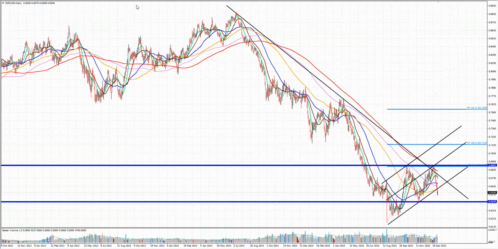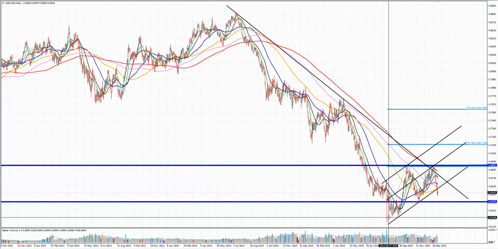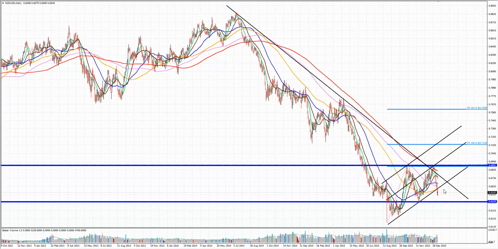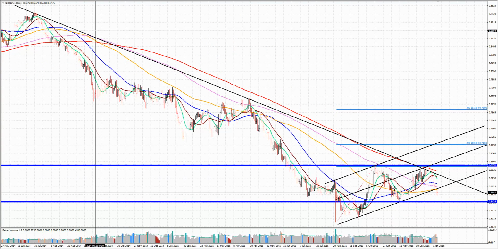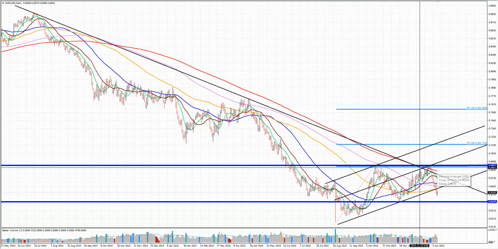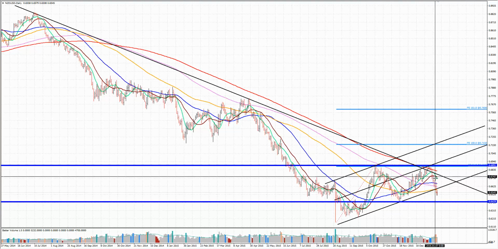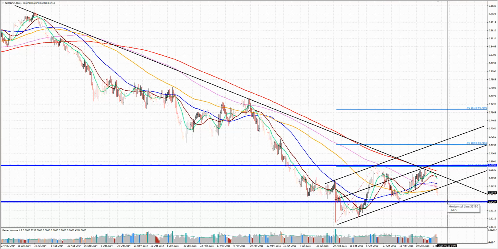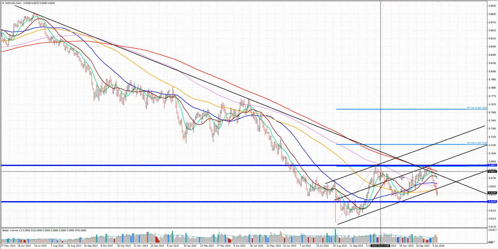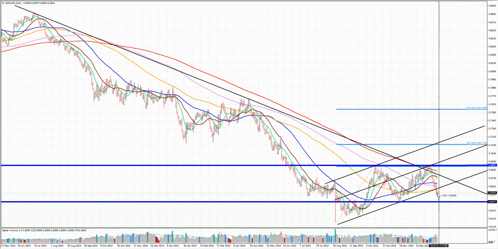This is a distribution on the daily time frame. This distribution went on for about 3 months, and right now we are about to redistribute and probably revisit the swing low from this double top formation, let's say this way. Look at the daily time frame, how well the 200 MA held here, and the swing high, and we are very close to testing the swing low, about 100 pips away.